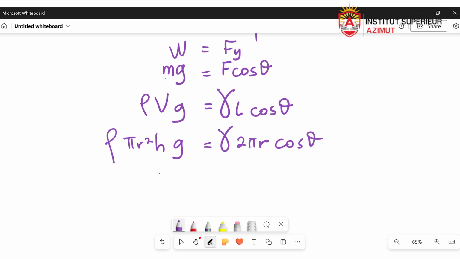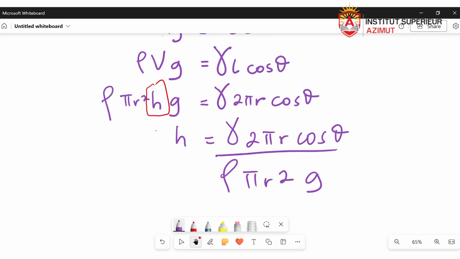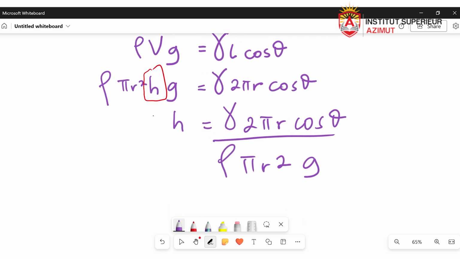So what are we looking for? We are looking for height. So we will make that the subject of the formula. We have h equals gamma 2 pi radius cos theta divided by rho pi radius squared times gravitational pull.